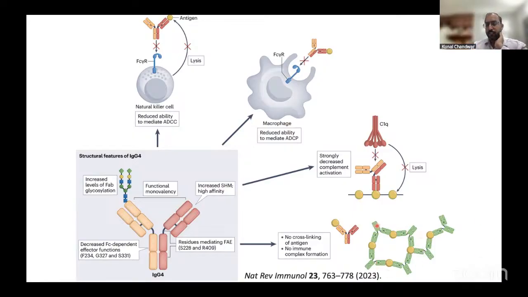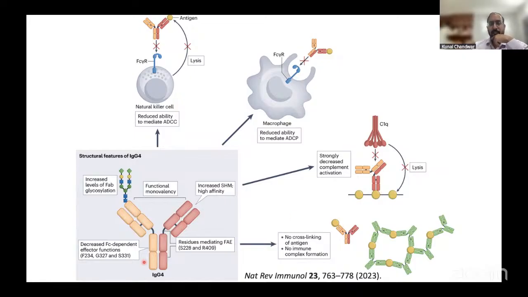Because of these lattices being formed with both arms, you get an antigen antibody complex that is inflammatory in reaction. But with IgG4, because you have different arms on each side and there is functional monovalency, these lattices don't form. And hence, the cross-linking of antigen and immune complex formation does not happen.